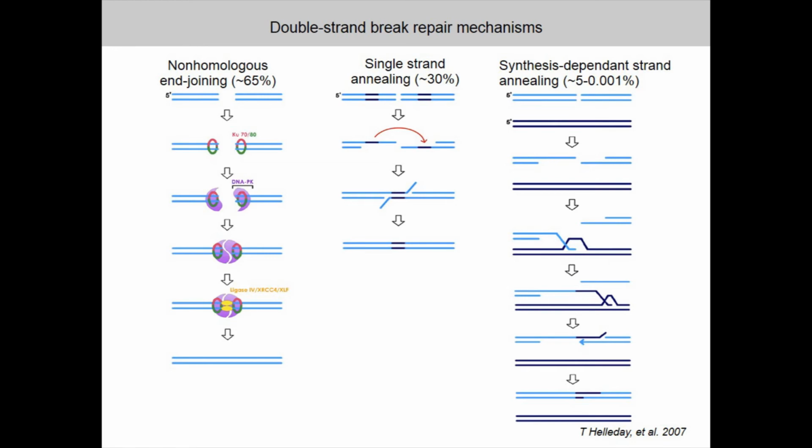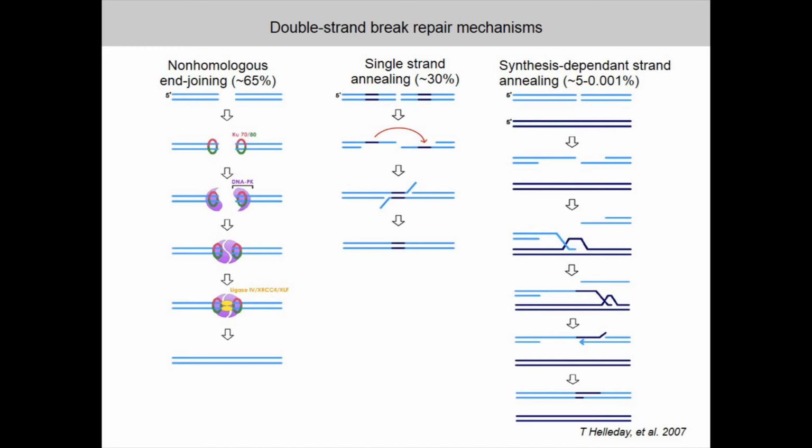This really leads us to a couple of models of double-strand break repair, and also to some frequencies for how common these occur and how they're repaired. When you get a simple break, the most common thing that happens in a eukaryotic genome is that these ends just get blunt ligated together. That's basically what's shown here, using these known proteins that bind to the ends of those break sites.